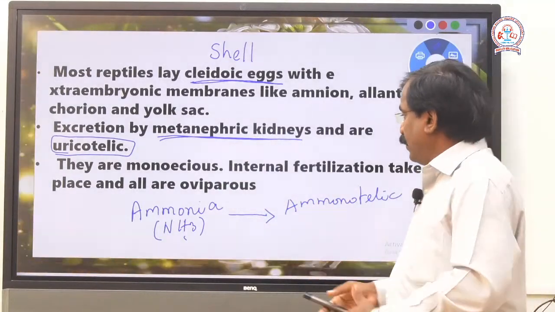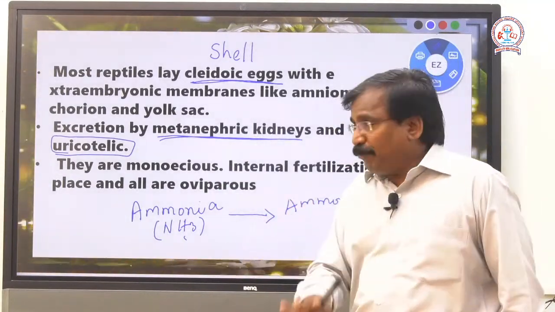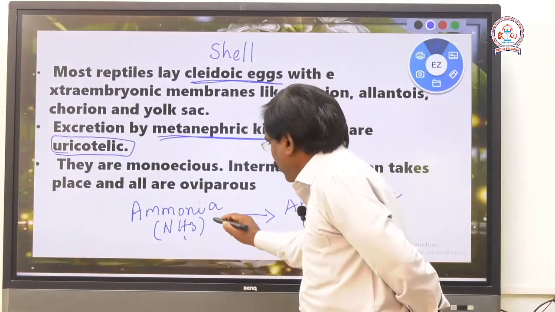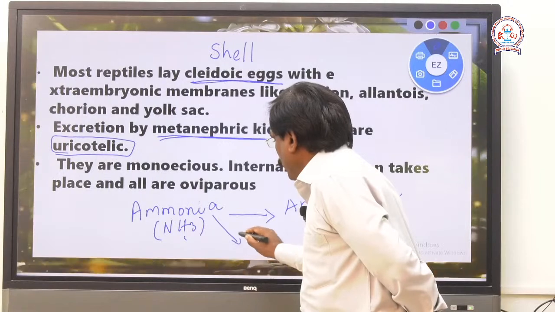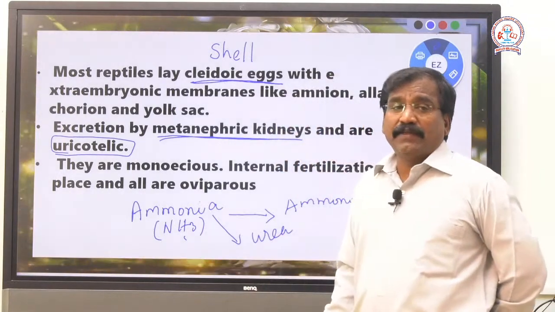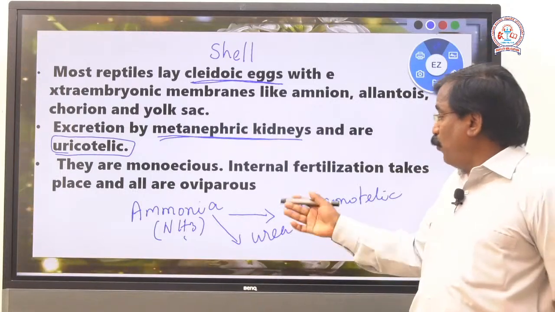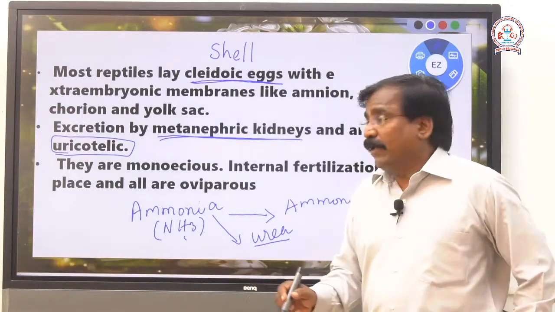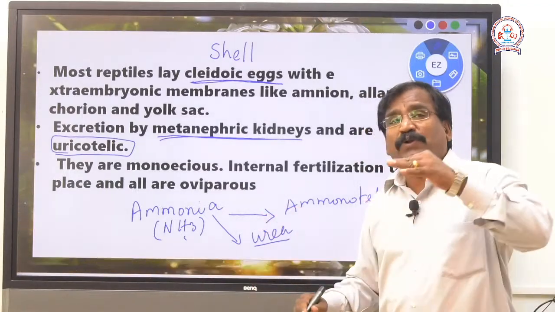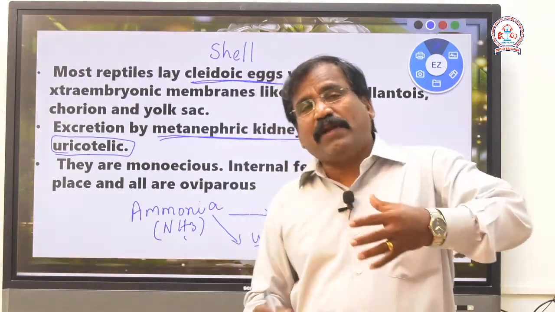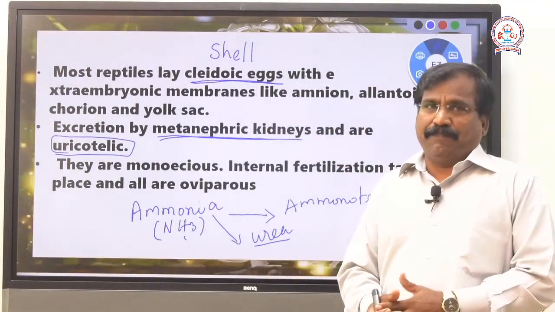So as a terrestrial adaptation, in terrestrial organisms, ammonia is converted into urea. What is urea, sir? When compared to ammonia, urea is less toxic and can be stored in the body for a long time.